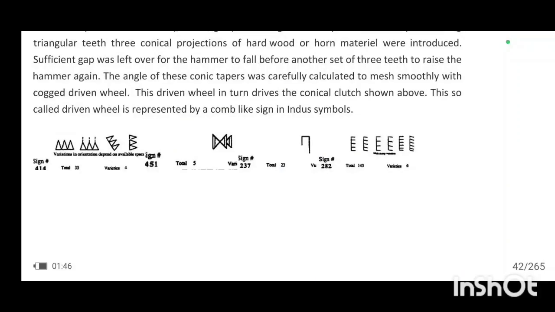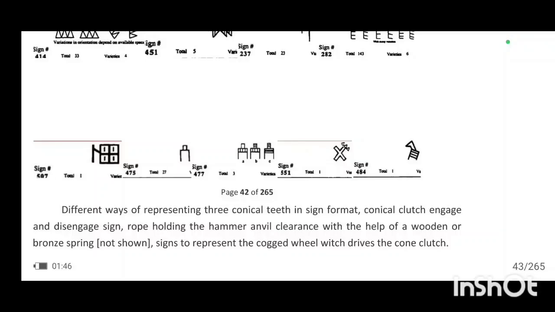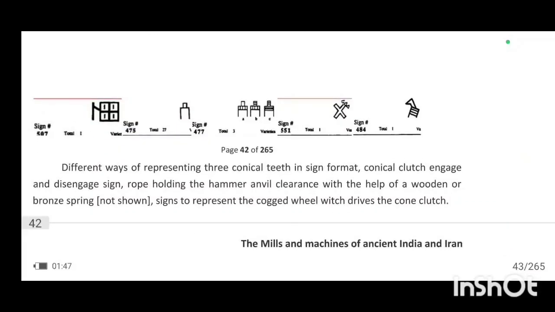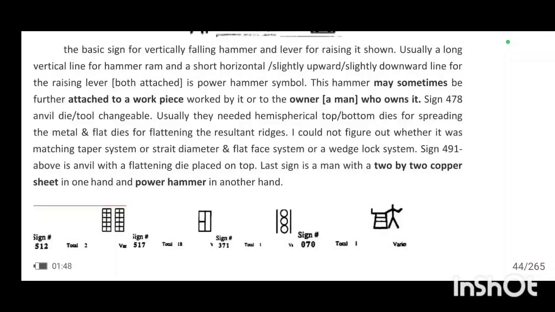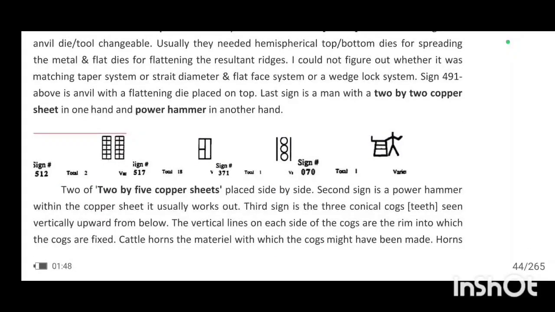That 3 tooth symbol, friction cone assembly, sheet spread by the hammer, anvil, and the hook that raises the hammer. These symbols have risen out of the copper sheet spreading machine. These are some more symbols of anvil, a person managing that, operator of that hammer, and some more symbols of the same machine.